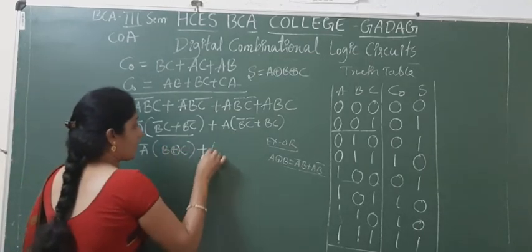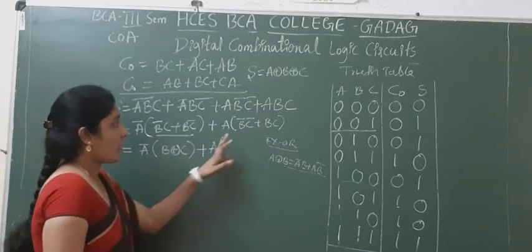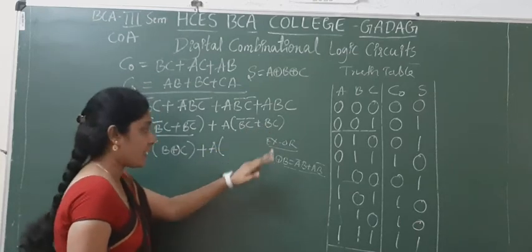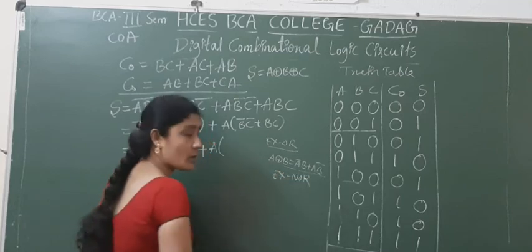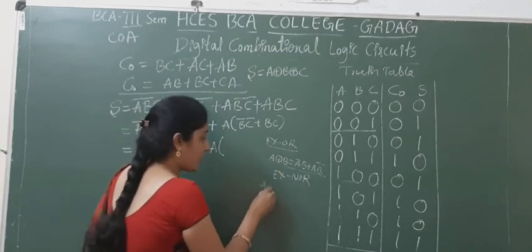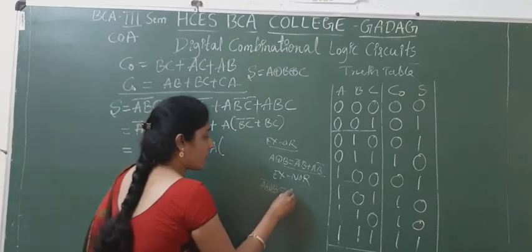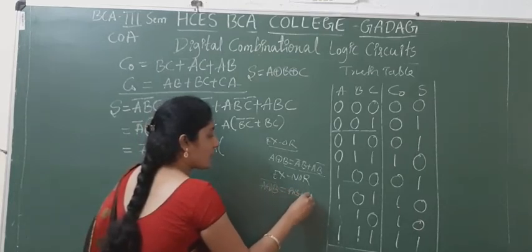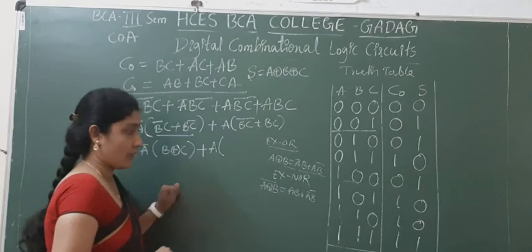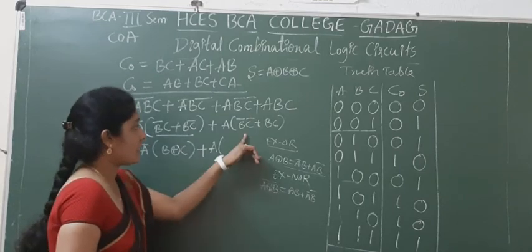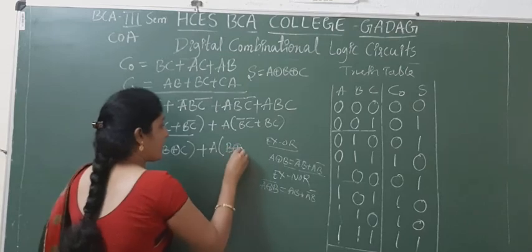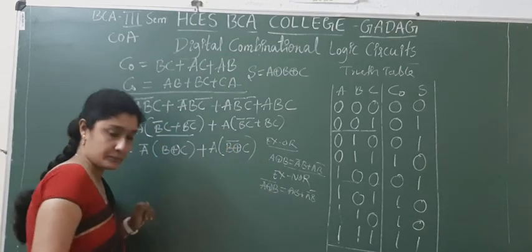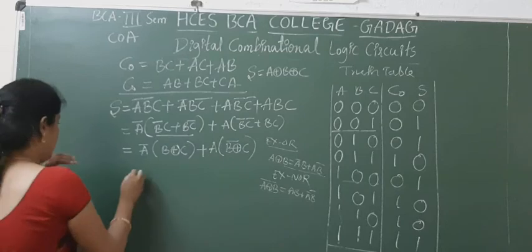Now, this one, A into, what is this B bar C bar plus BC? Nothing but XOR. So what is XOR expression? A XOR B whole bar is equal to AB plus A bar B bar. Okay. Therefore, this is nothing but B XOR C complement.